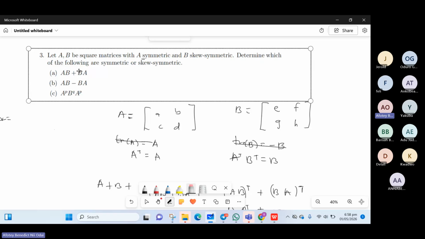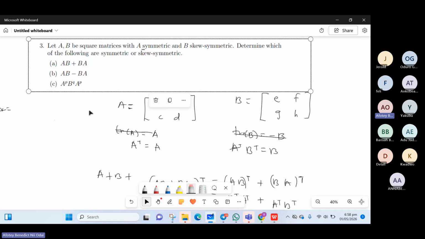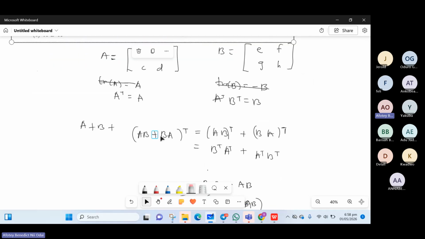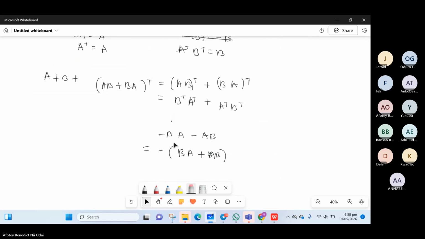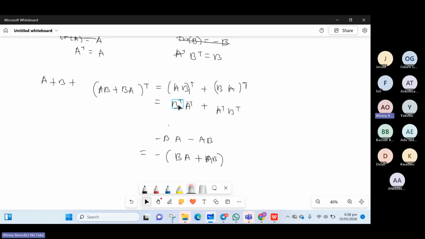And the best way to go about this is the method that she used, right? You take the transpose of the matrix, and what we have to take note of is the property of a transpose. When you take the transpose of a product of matrices, the order swaps.